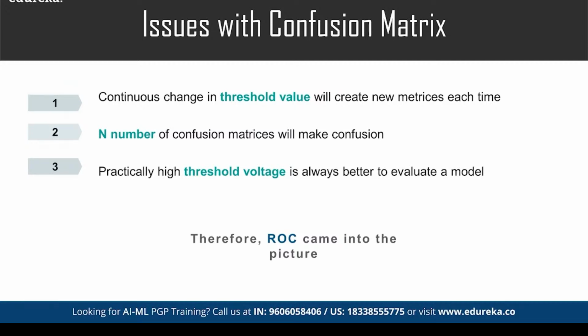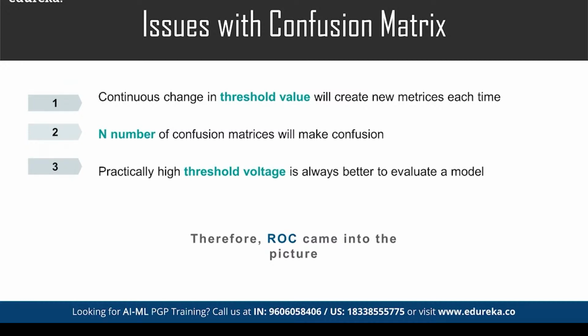When we do not have such a scenario in place, we do not worry about it, so we go on to use the confusion matrix. But n number of confusion matrices will make confusion. As we continuously change the threshold values, we get a different confusion matrix each time, which will of course confuse everyone, including the one who is programming. These are the things we see happening all over the place.